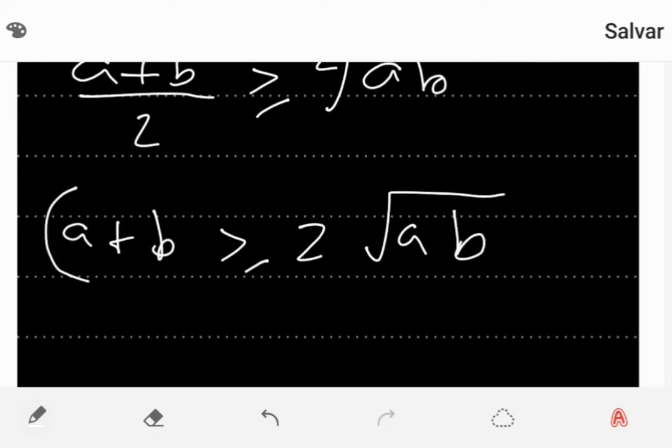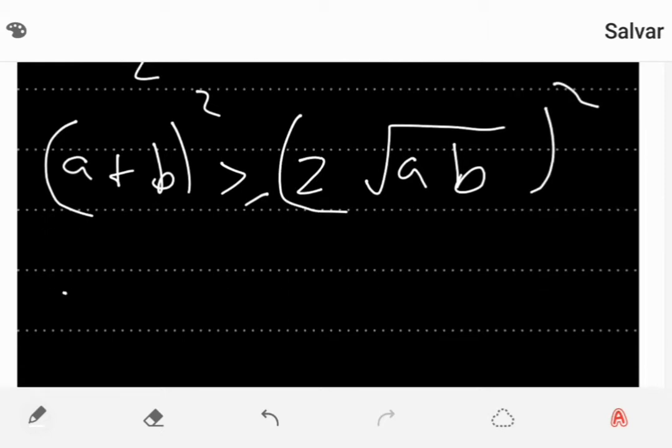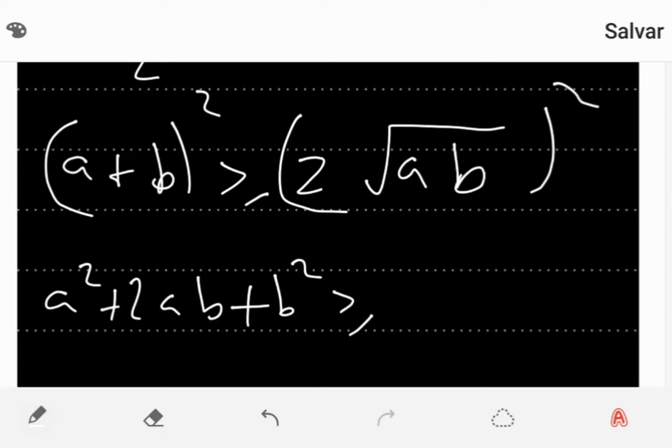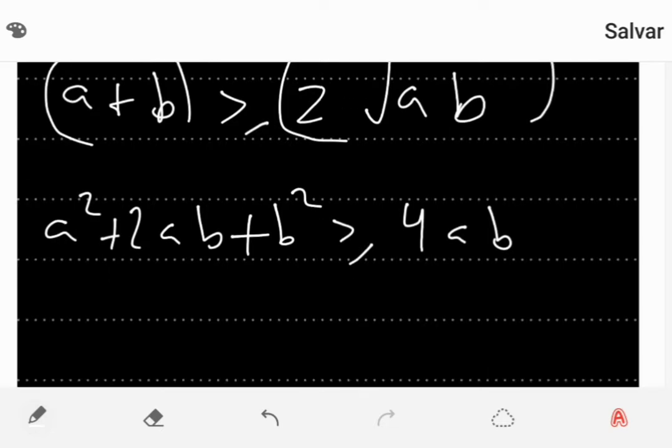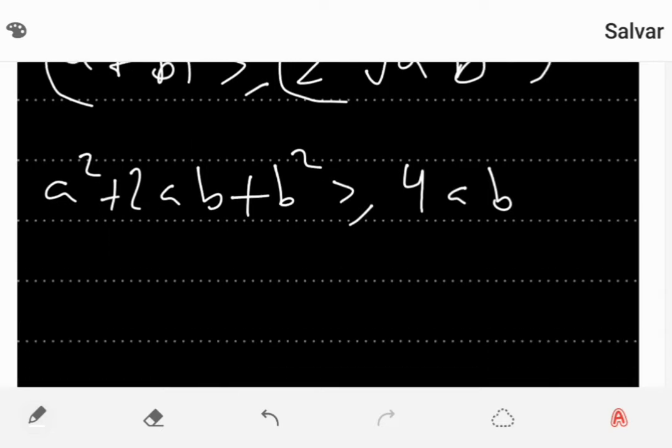So now let's square both sides. So A squared plus 2AB plus B squared is bigger or equal to 4AB. Okay, so what are you going to have now? You are going to have A squared.